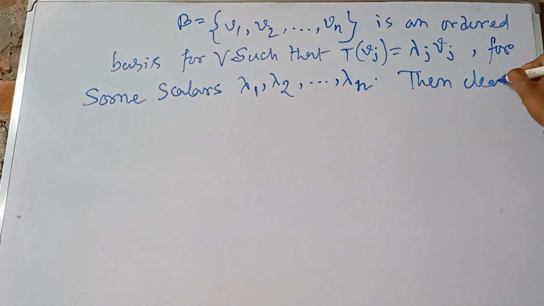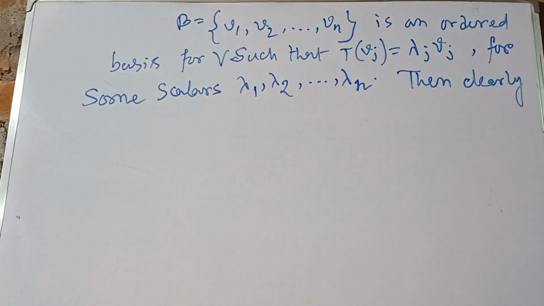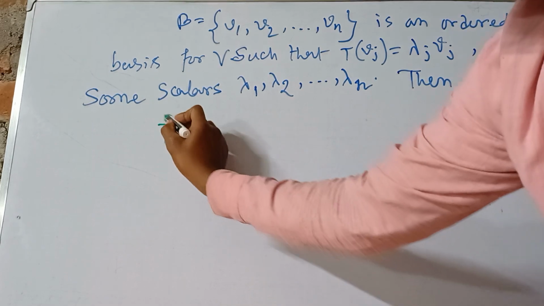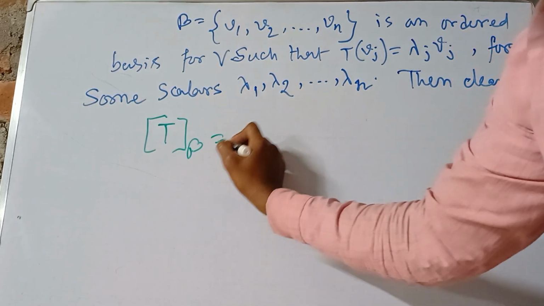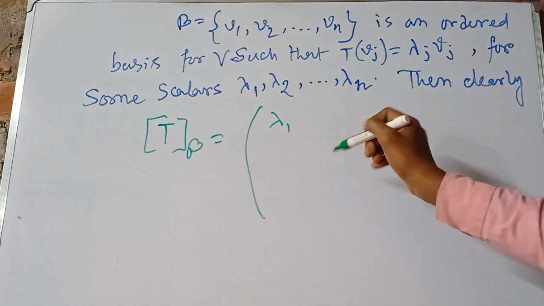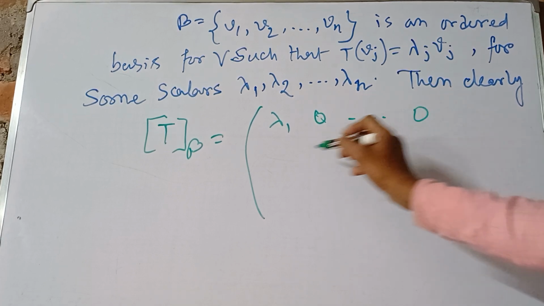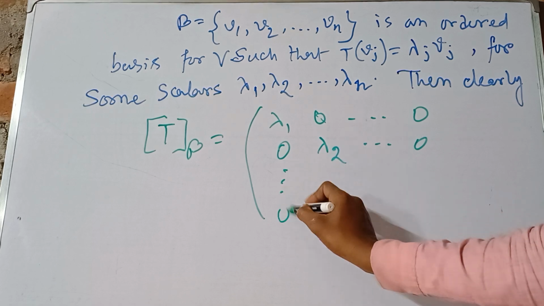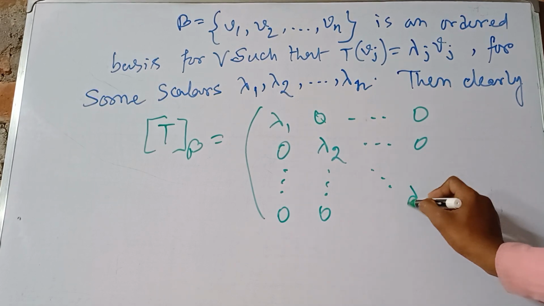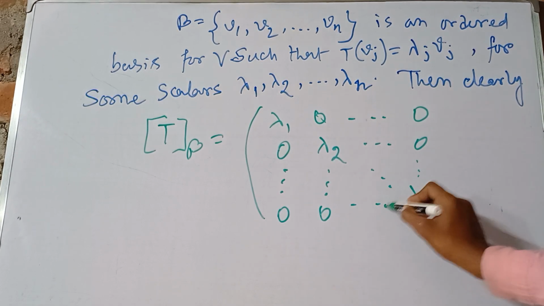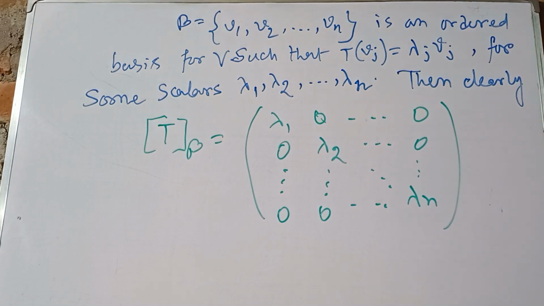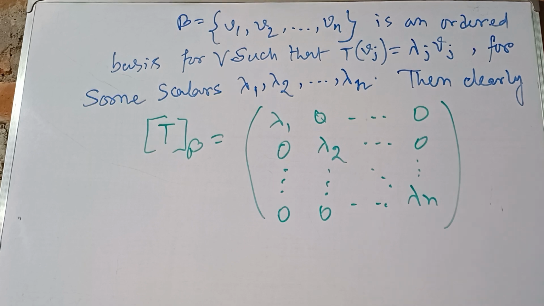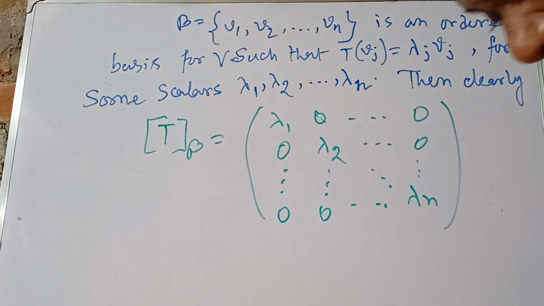Then clearly T beta equals the matrix with lambda 1, 0, dot dot dot 0, then 0, lambda 2, and so on. So in this way we have written T beta. I think everyone understood this one.